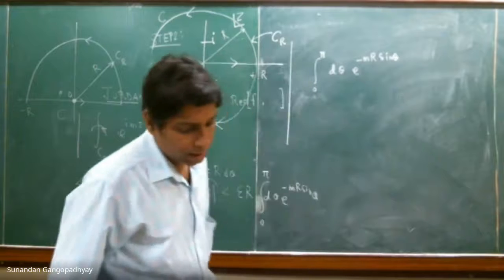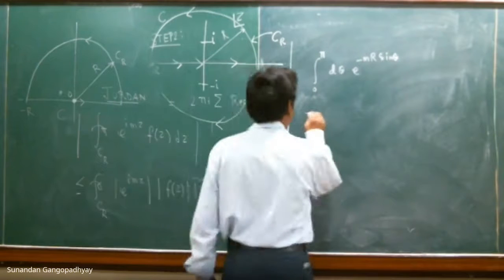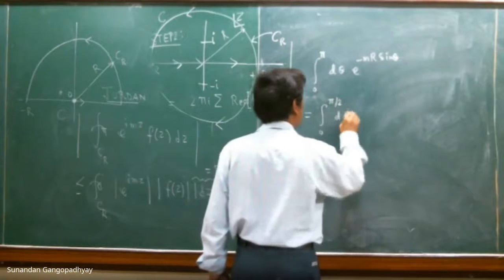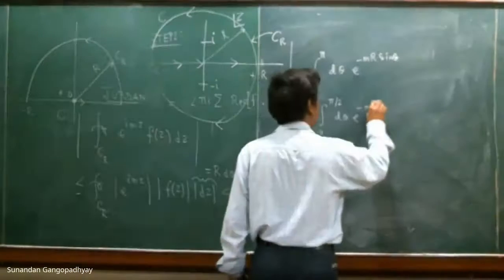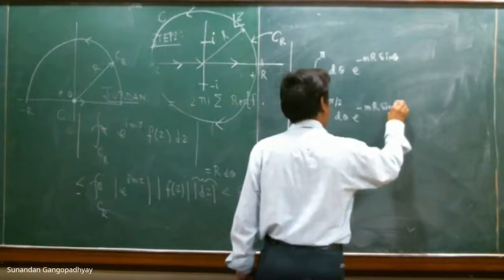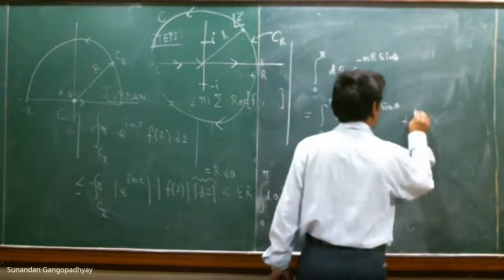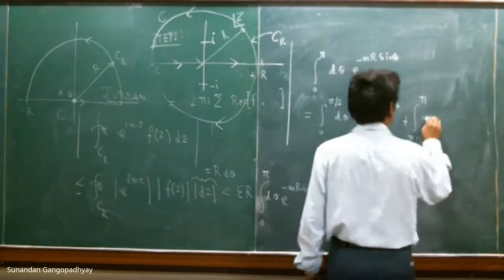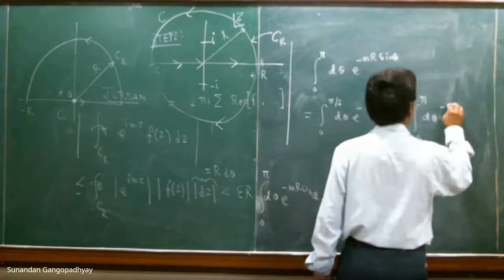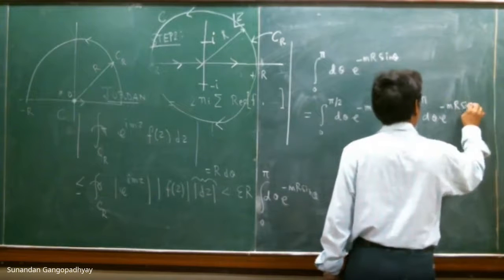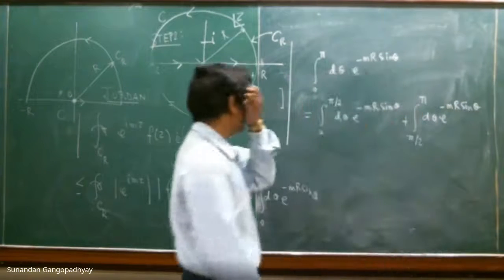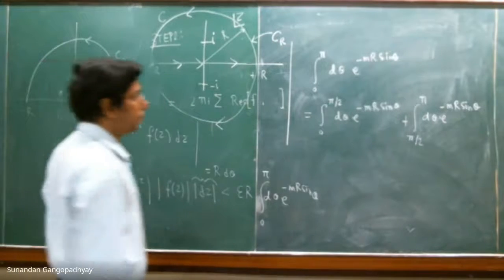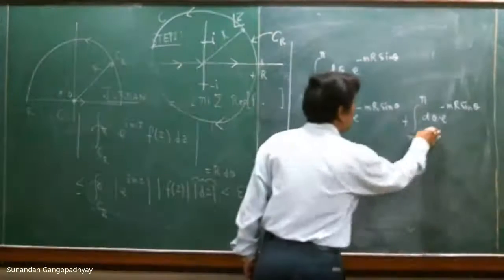This you can write down as integral 0 to pi by 2 d theta e to the power of this plus integral pi by 2 to pi d theta. Okay, so you can write it in this way. This plus this.